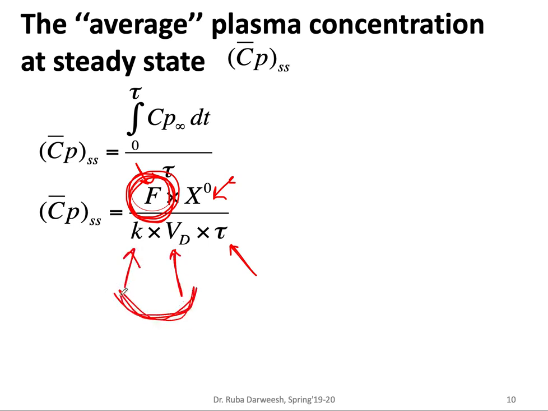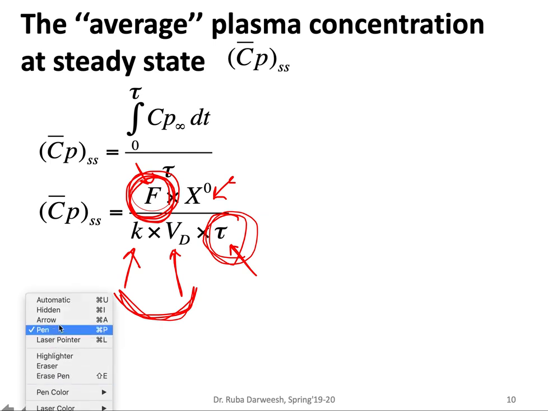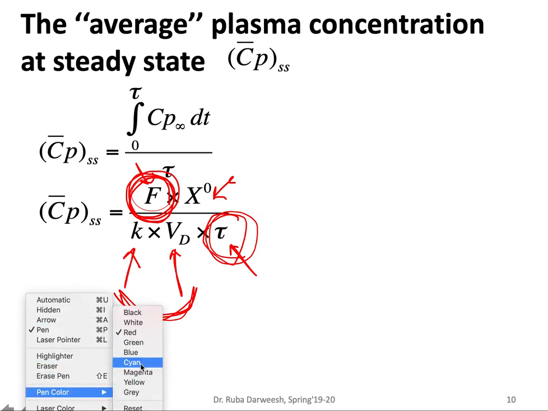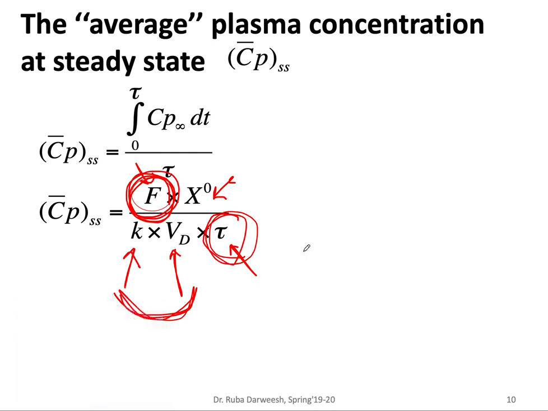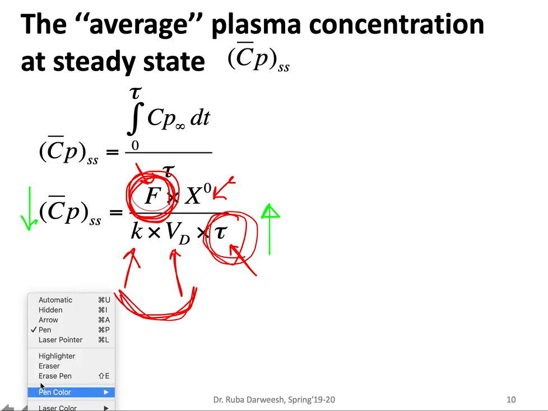And if we are talking about the same dose given, the same conditions that I wrote for you, the same drug, linear kinetics, same pathology, same individual, same physiology, you will find that mainly this factor would affect it. And again, if we increase tau, which is making tau longer, it means that average steady state concentration will be less by common sense, right? And we did this for IV bolus.